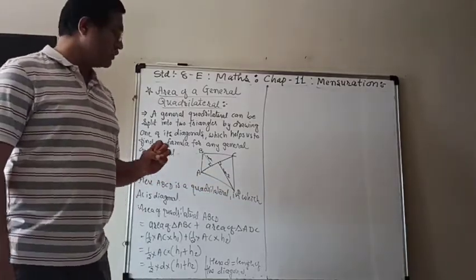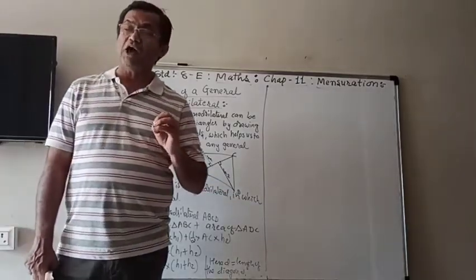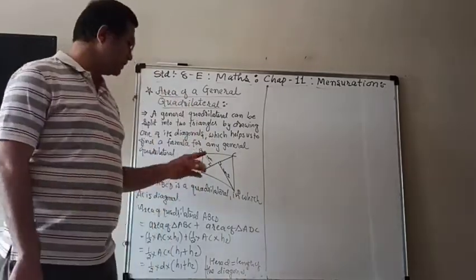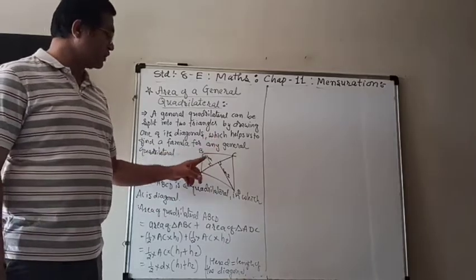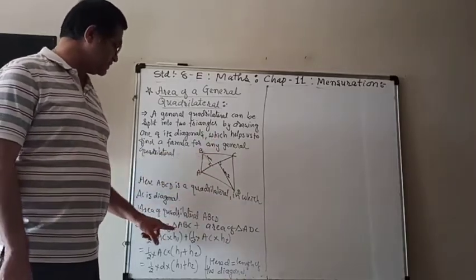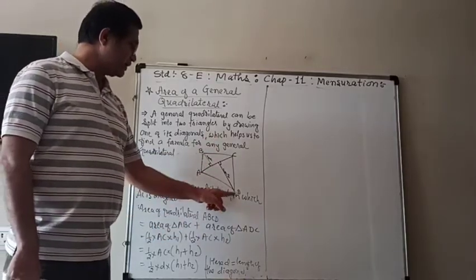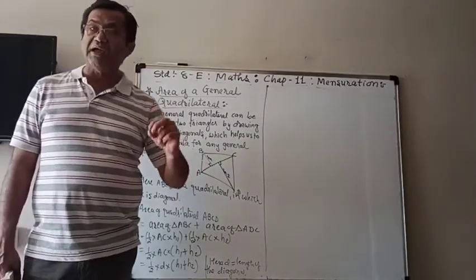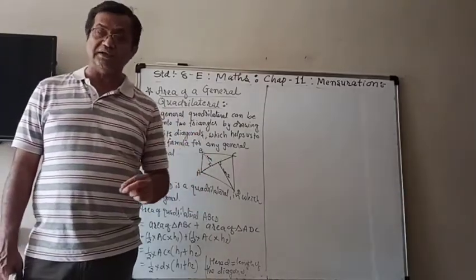So now, what is the area of the quadrilateral ABCD? Area of quadrilateral ABCD is equal to area of triangle ABC plus area of triangle ADC. Means we have to add the areas of both the triangles.